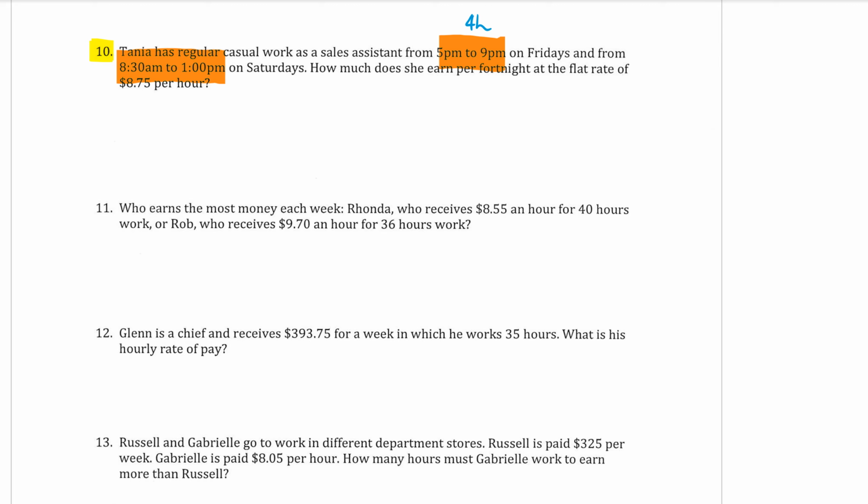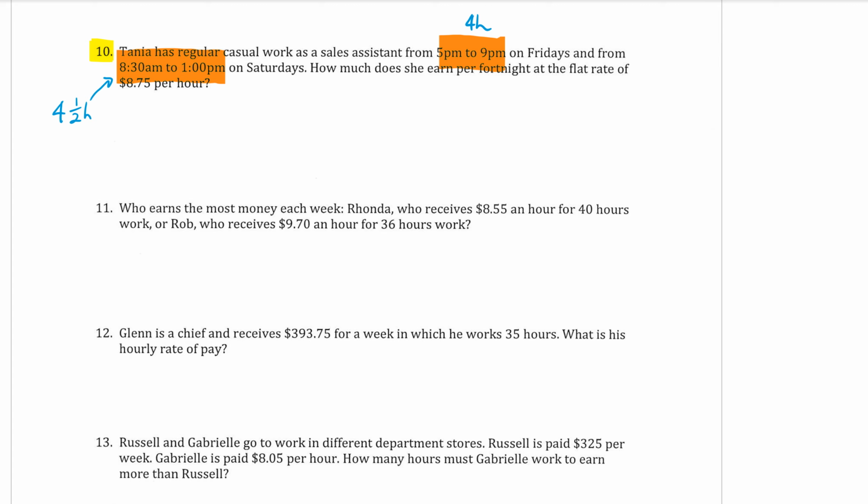How many hours is that? So 8:30, 9:30, 10:30, 11:30, 12:30. That's 4 hours plus the extra half to make it to 1 p.m. So 4.5 hours.